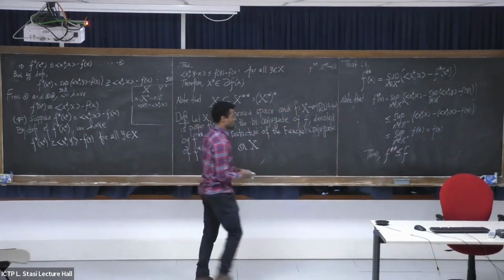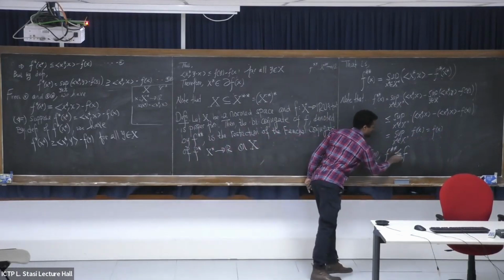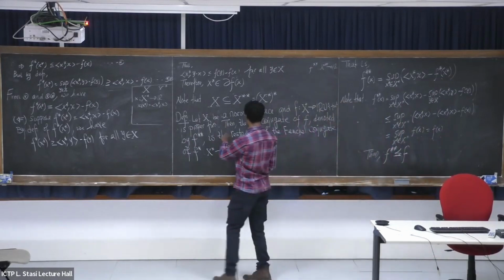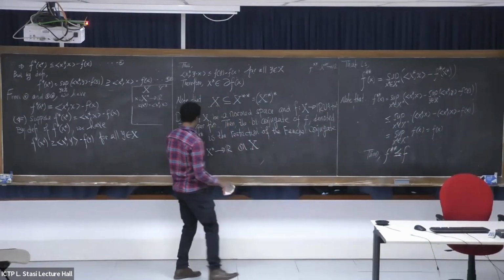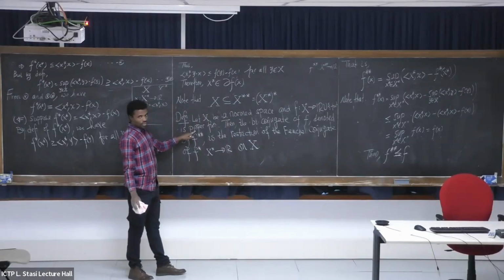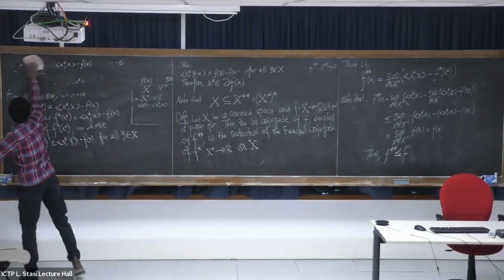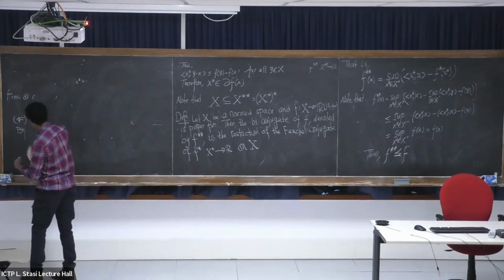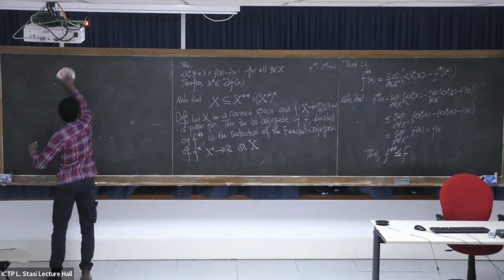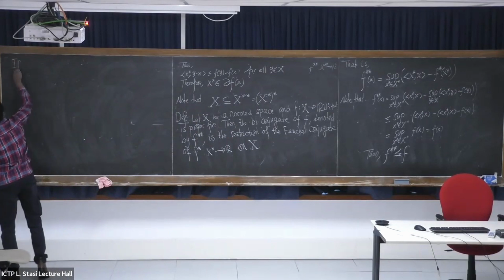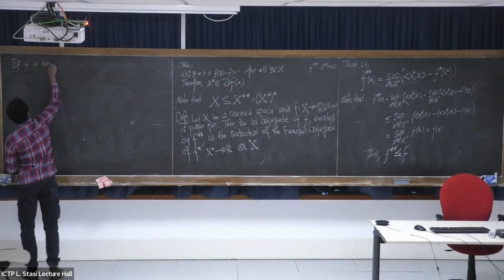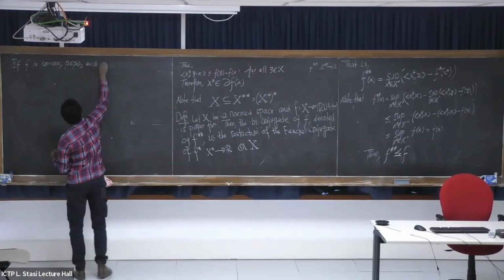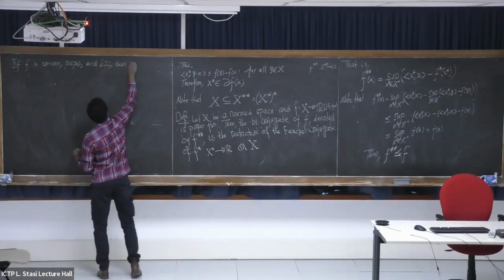But equality is preserved if we have an additional condition: convex and lower semicontinuous. Convex and lower semicontinuous, then f equals its biconjugate.